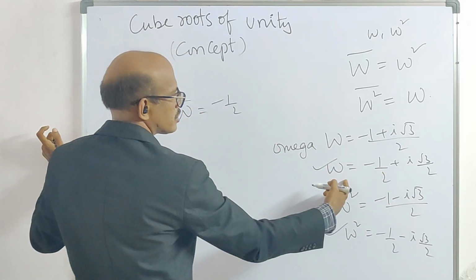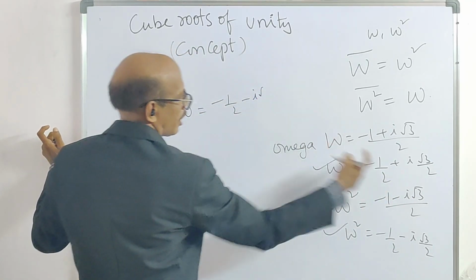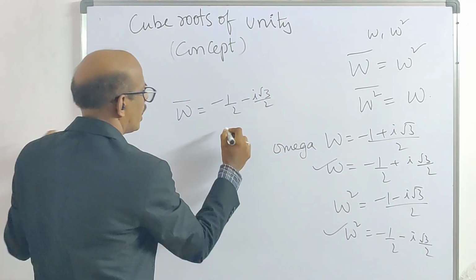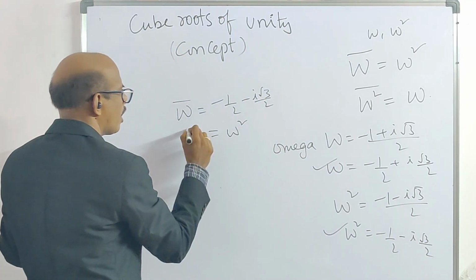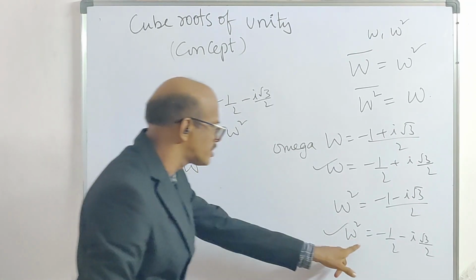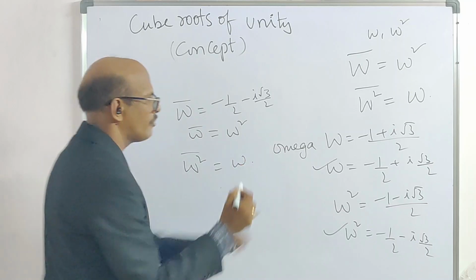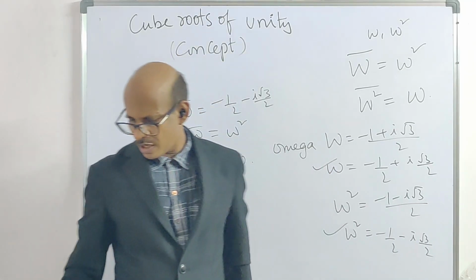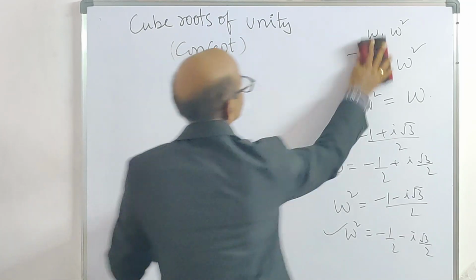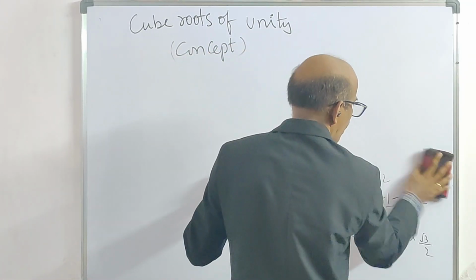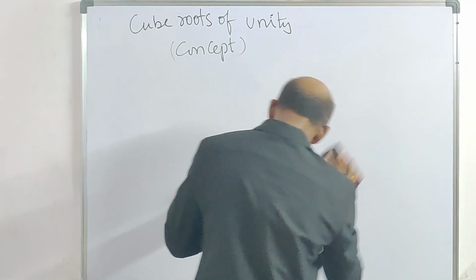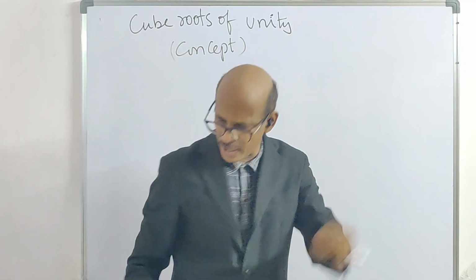So the conjugate of this means the sign becomes minus, which is indirectly omega square. Therefore, the conjugate of omega is omega square. If you take the conjugate of this, definitely we get the first one. So these are very important connections, given based on cube roots of unity.